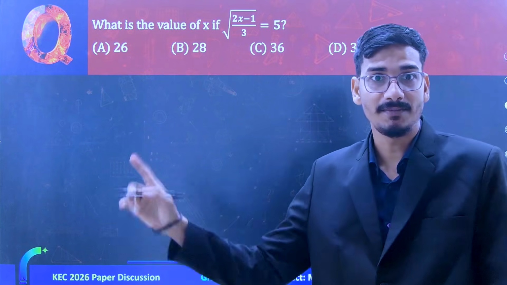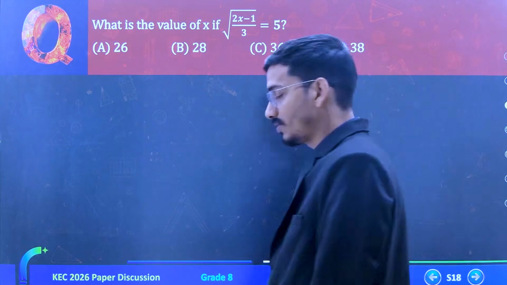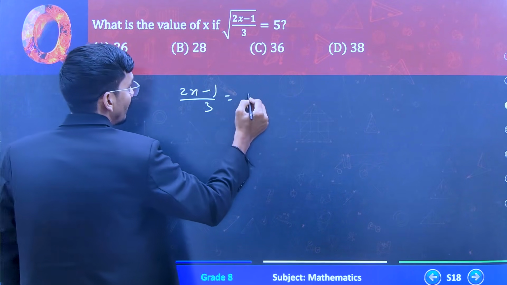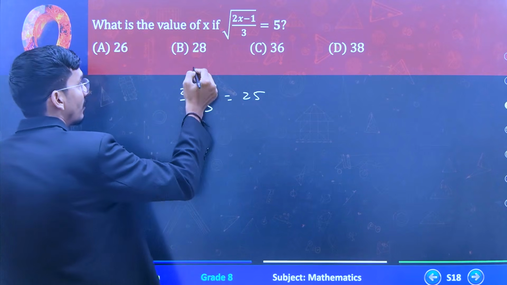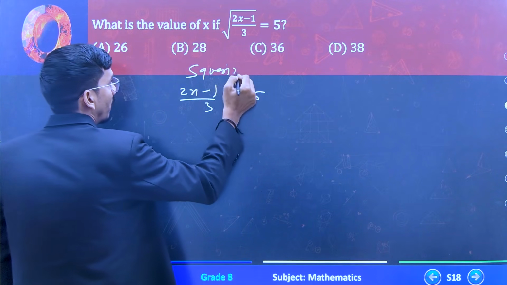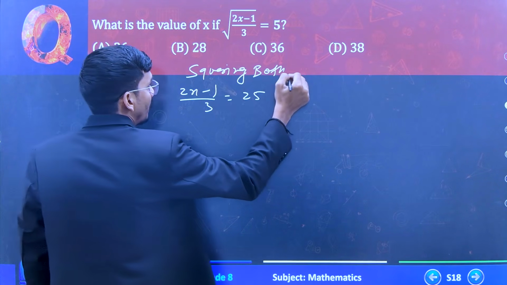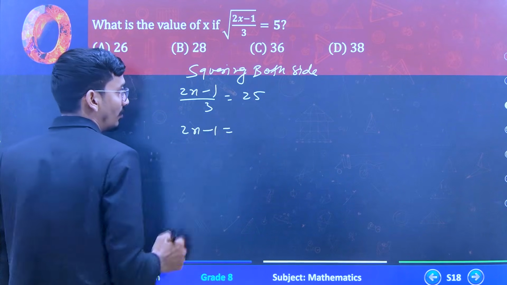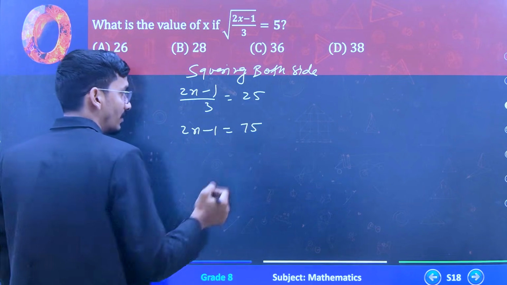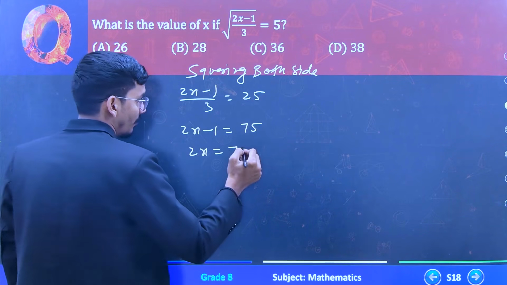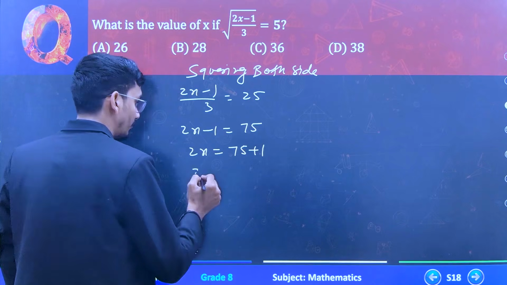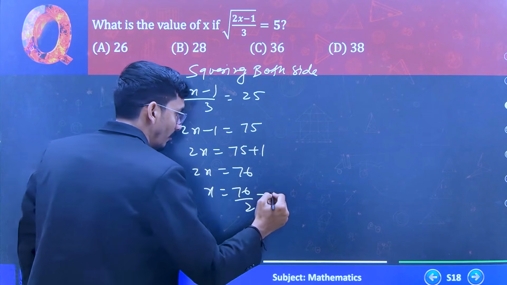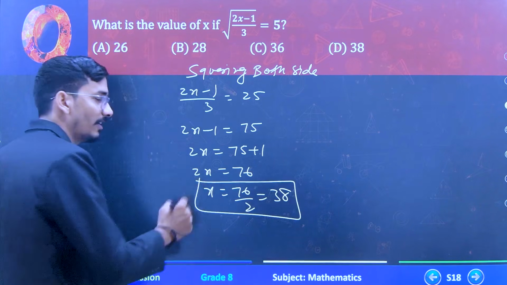What is the value of x if this quantity equals 5? So squaring both sides, 2x minus 1 by 3 equals 25. Squaring both sides, so 2x minus 1 equals 3 into 25, 75. So 2x equals 75 plus 1, that is 76. So x equals 76 by 2, that is 38.